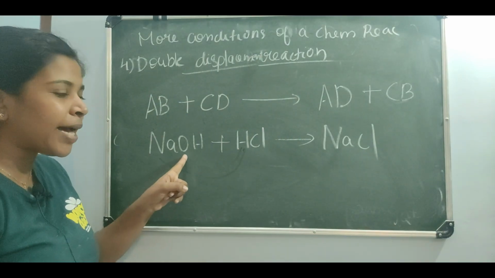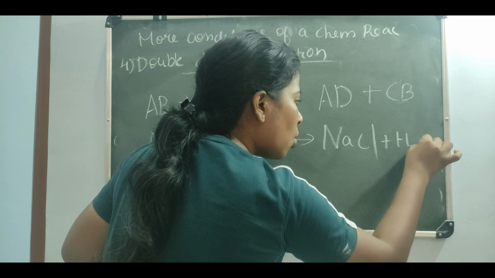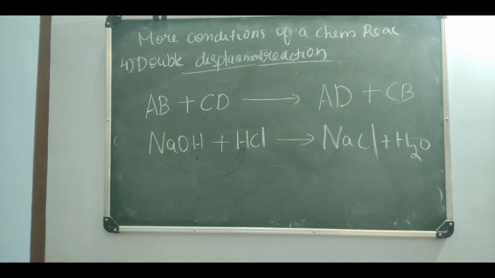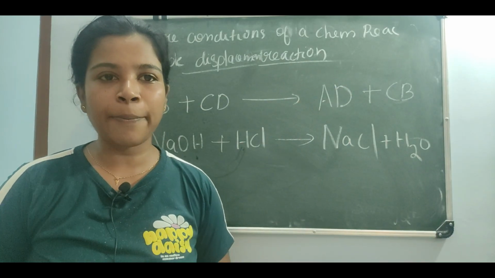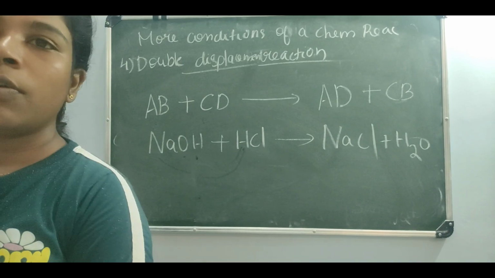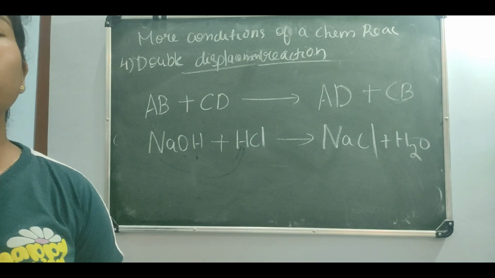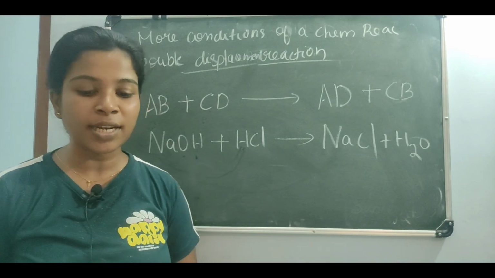Now hydrogen is combining with OH. Then what is formed? H2O. So here what happened? Double displacement happened. So this is known as double displacement reaction. Okay. So now we learned about four different types of reaction.